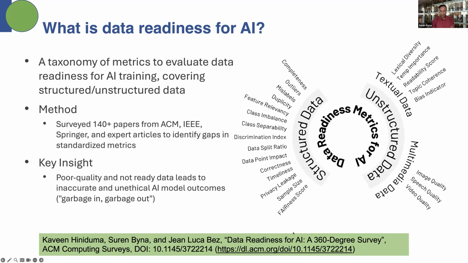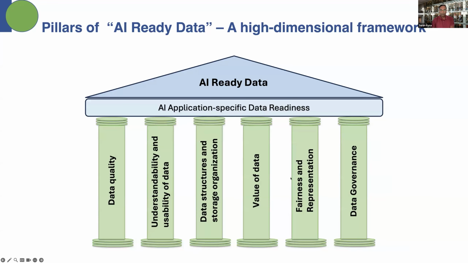Overall, we came up with a survey on how to define it, and then a classification of pillars of AI data readiness, which is based on the quality, understandability, and usability of the data; the structure and how it is organized in storage; the value of the data that is being collected and how useful it is for AI; and also somewhat more subjective terms such as fairness, representation, and data governance. Then we use them for specific data readiness goals, and then say that the data is ready.